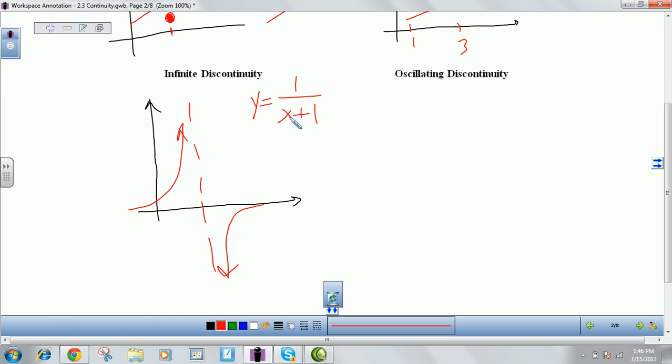If you plug in x equals -1, it's 1 over -1 plus 1, which is 1 over 0. And remember from pre-calculus, or even algebra 2, that creates a discontinuity, which is an asymptote.